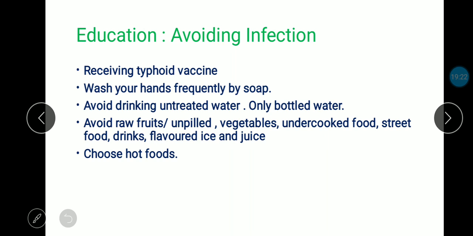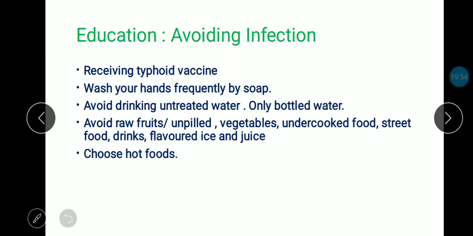Choose hot foods before infection. When it is hot or steaming, at that time that food is free from such bacteria and other infections also. And all these activities are helpful, that is, good sanitization and cleanliness is sufficient.